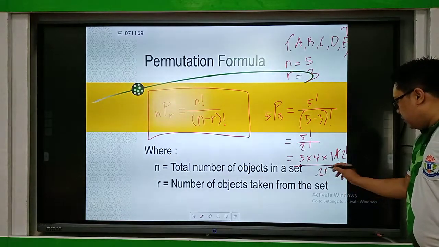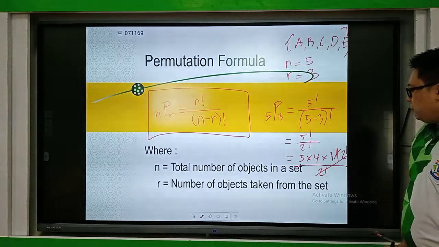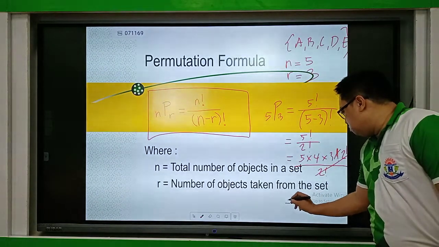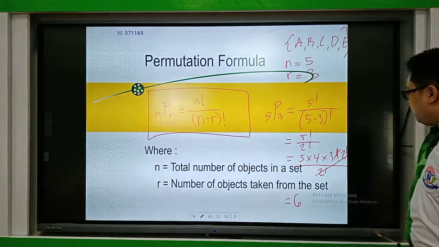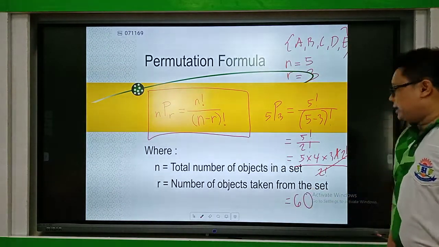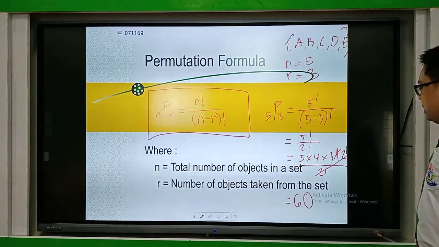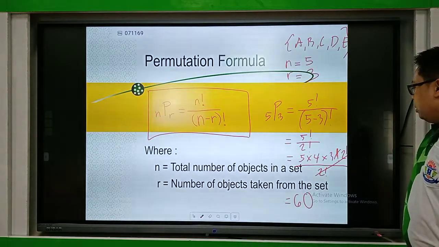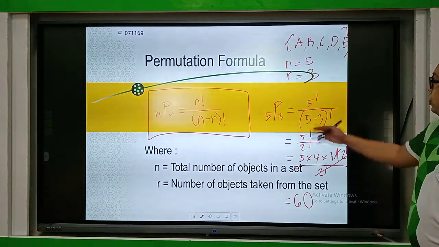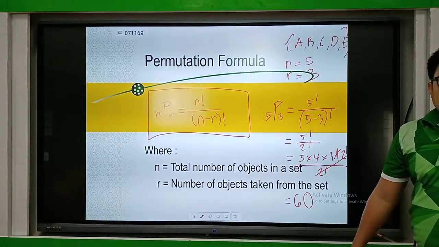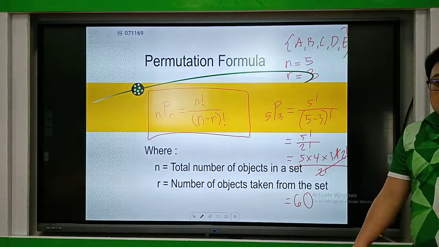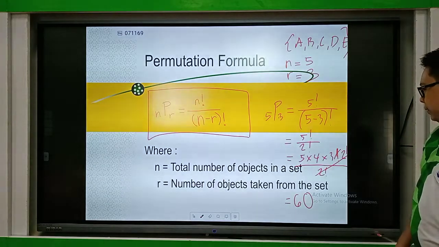Okay, so you can just cross this out. So we have 5 times 4 times 3. 5 times 4 is 20, so we have 60. Okay, so we have 60 possible permutations for choosing 3 letters out of 5 in the letters A, B, C, D, and E.